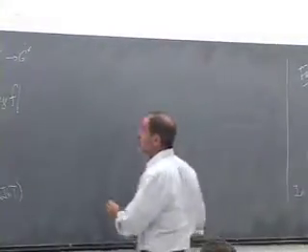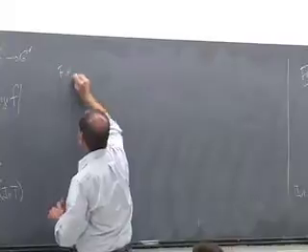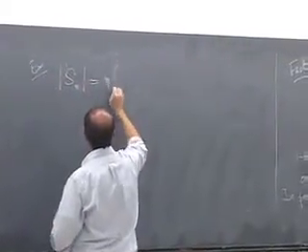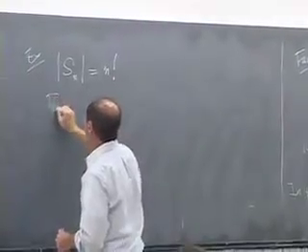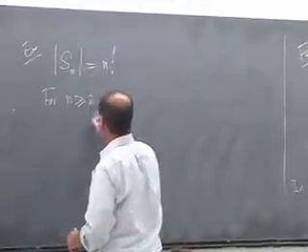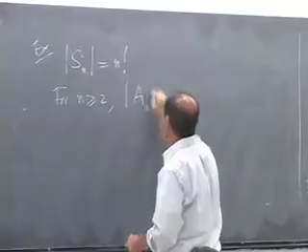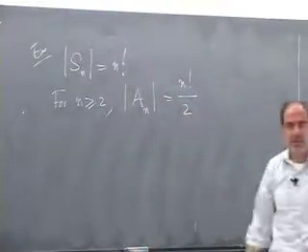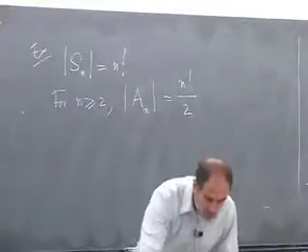Example of this: the order of the symmetric group on n letters is n factorial. For n greater than or equal to 2, the order of the alternating group on n letters is n factorial over 2, as I claimed last time. Proof?